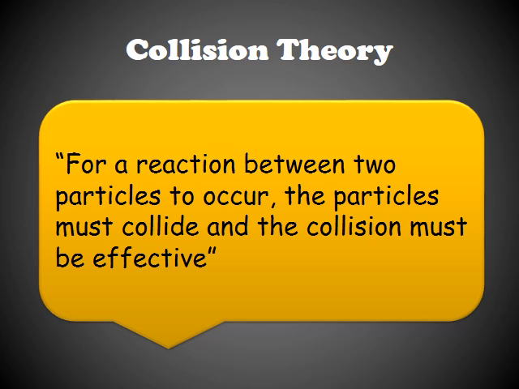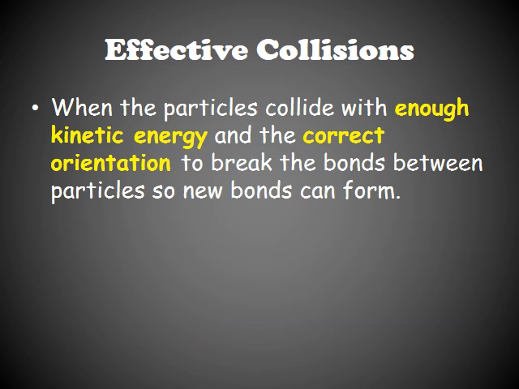So in collision theory, for a reaction between two particles to occur, the particles must collide and the collision must be effective. For effective collisions, the particles collide with enough kinetic energy, the energy of movement, so they're moving fast enough, and in the correct position or orientation to break the bonds between the particles.